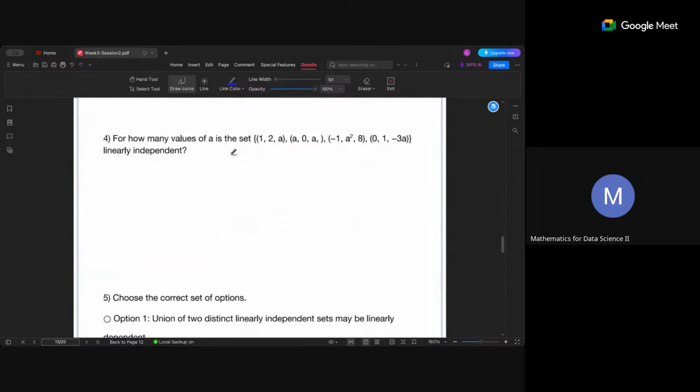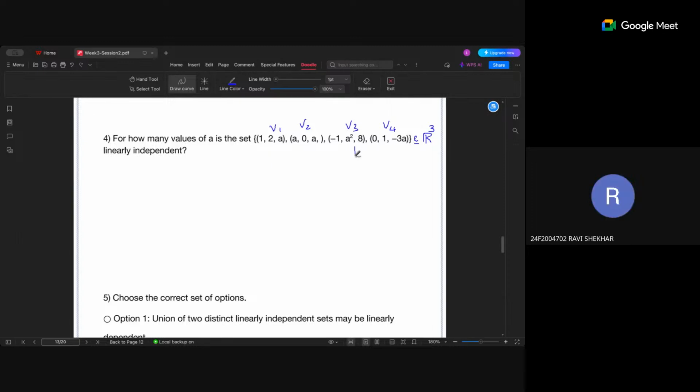Everyone should answer this right after reading the question. First of all, read the question. You have V1, V2, V3, V4 from R3. What do you already know about this set?